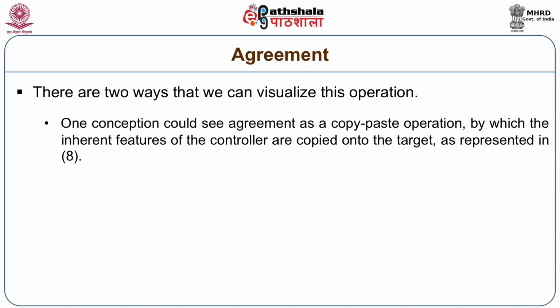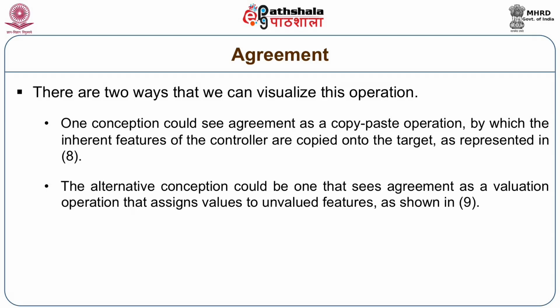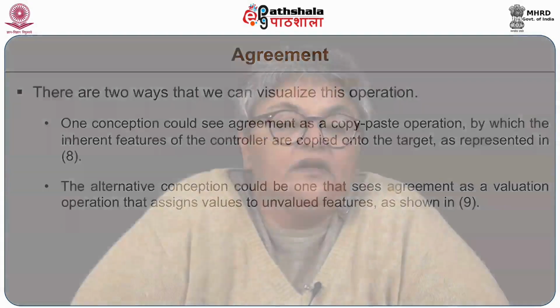Agreement, however, can also be... So we have thus far presented agreement as a copy-paste operation, if you want, where the inherent features of the controller are copied onto the target. There is an alternative conception, where we can think of agreement as a valuation operation that assigns values to unvalued features.